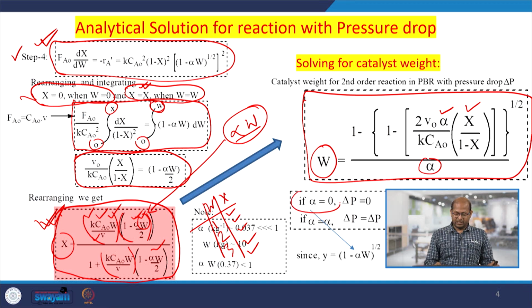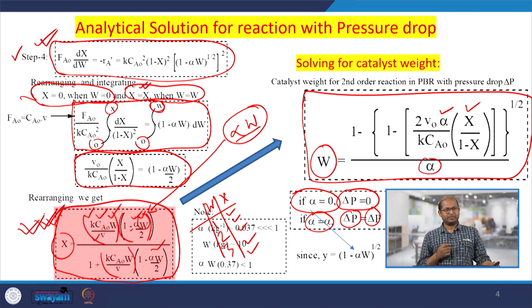If alpha equals, let us say, 0, then the pressure drop would be 0. If we put alpha equals 0 here, there would be no pressure drop inside the bed or the reactor. If there is a pressure drop inside the reactor, then we have to put alpha. So, this equation expresses the case when there is a pressure drop inside the reactor.